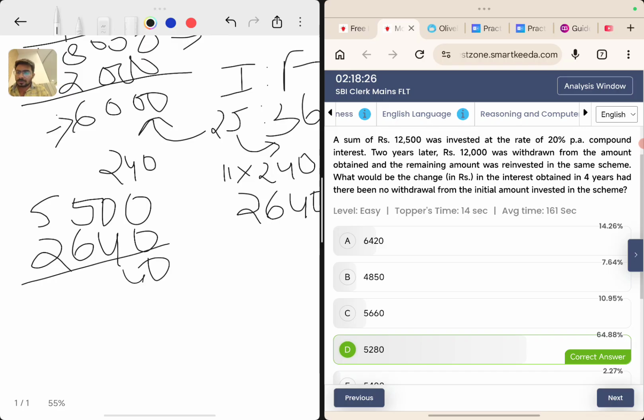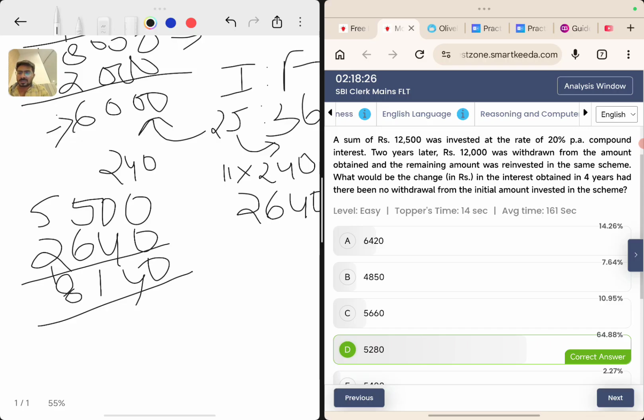So the total is 5,500 plus 2,640, which is 8,140. If he invested for 2 years and for 2 years, after 2 years he withdrew some amount, whatever the remaining amount is, he invested for another 2 years at the same rate of interest.